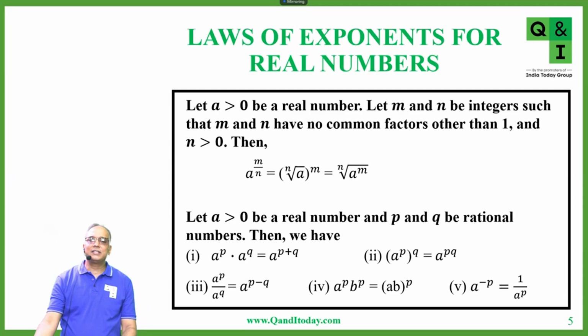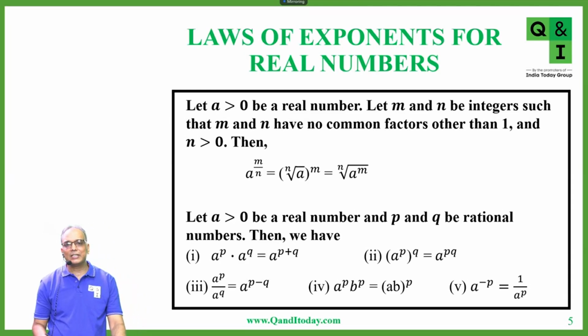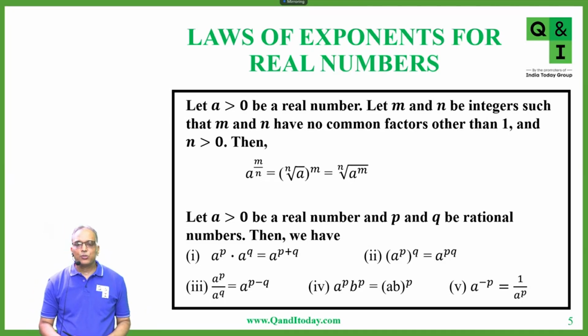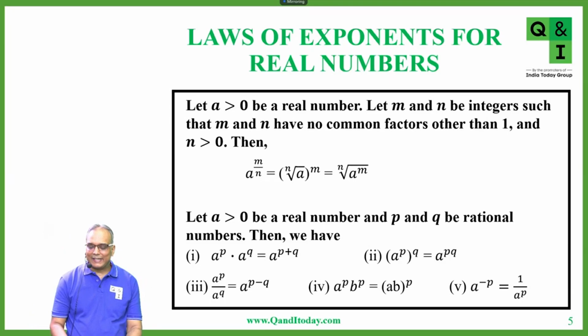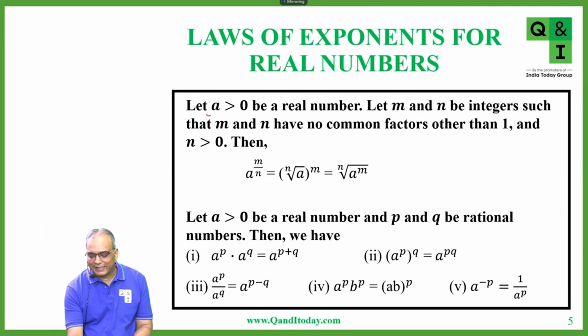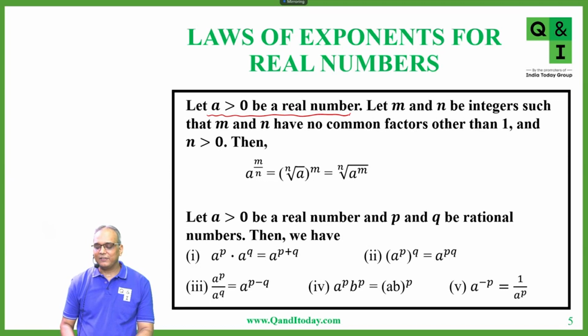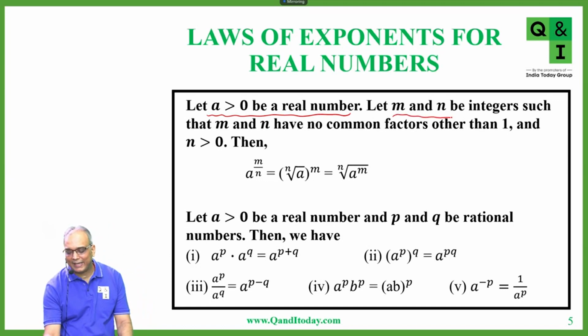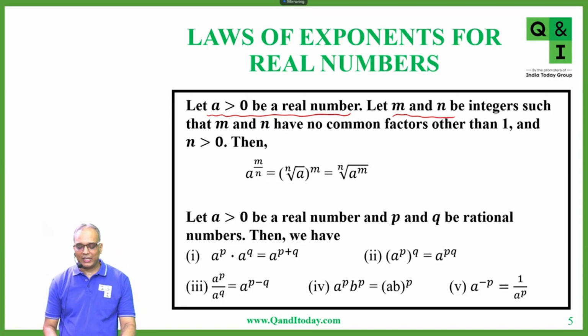So let us first understand the basic concepts of exponents. We'll revise what we have already done in the previous grade. The formulas remain the same. Let a be a positive real number, and let m and n be integers such that m and n have no common factors other than 1, and n is greater than 0, so n is positive.